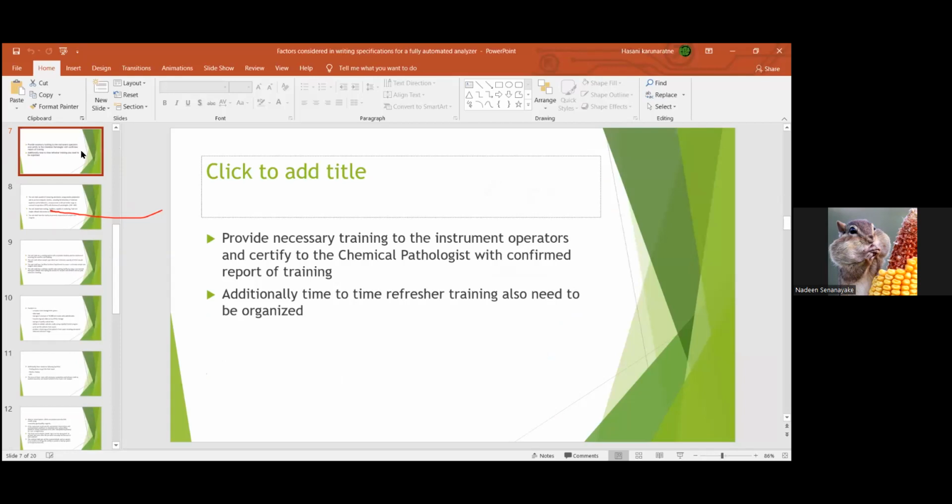And there should be time-to-time refresher training also, because most of the time MLTs are changing within the institution, as well as there will be new MLTs coming to the laboratory. So there should be ongoing refresher training done by the company itself.